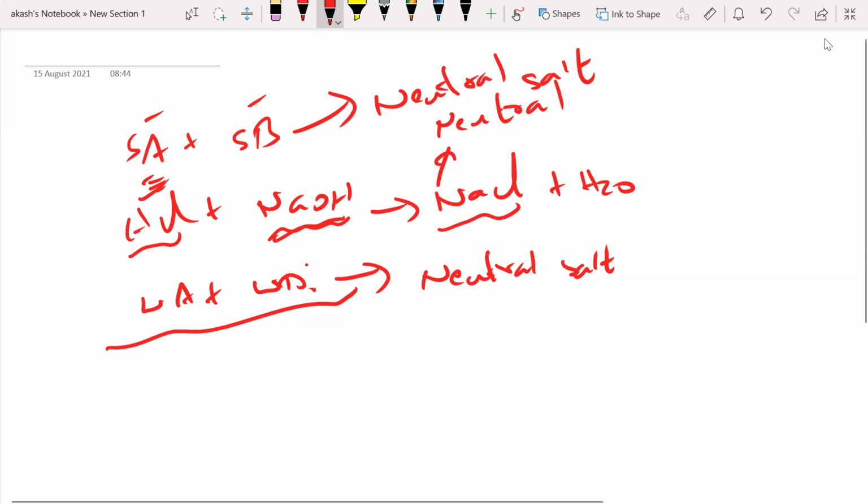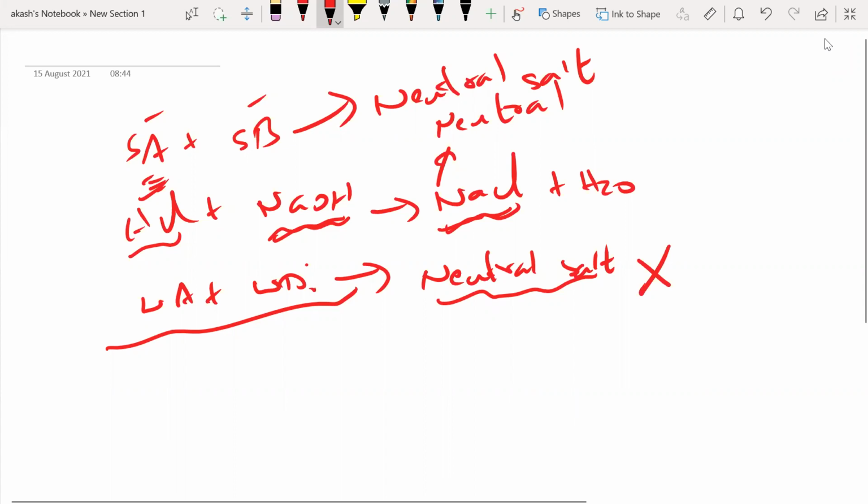So both of them will react vigorously to form NaCl. The reaction is very, very fast. But in this case, even though we expect a neutral salt, most of the time the reaction itself won't happen, or we can say the reaction is so slow that it seems the reaction is not even happening.